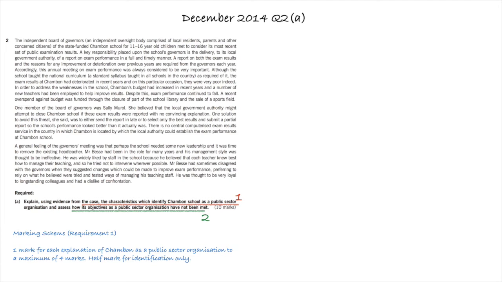We'll go on to look at 2, but I want to think now how we could do that. How we could explain each of those characteristics that tells us that Chambon is a public sector organisation. Now, if this was me and I was looking at this question, I would be splitting it basically half and half. Now, that's not quite where the examiner has gone here.